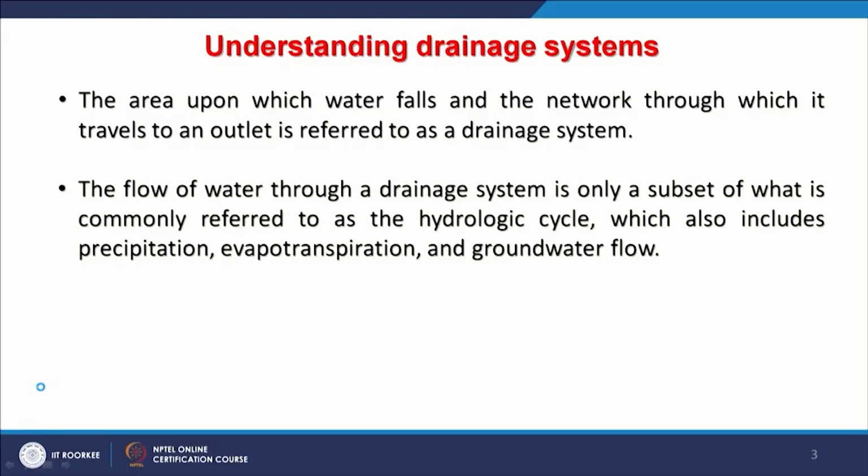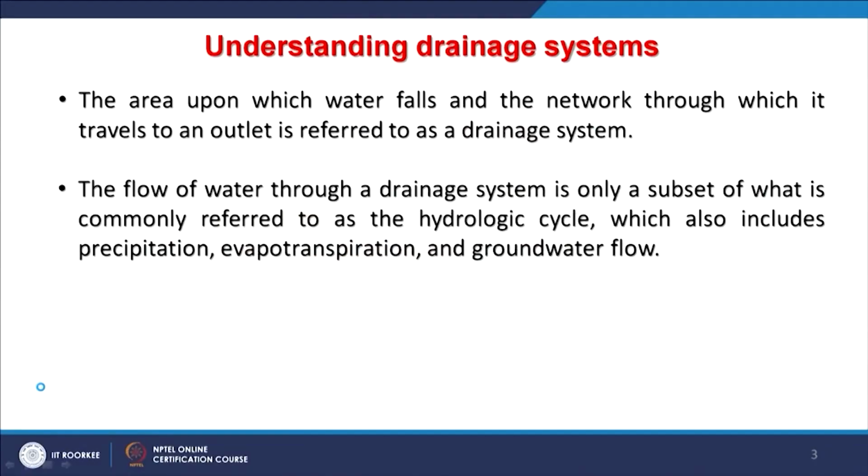So, flow of water through a drainage system is only a subset of what is commonly referred to as the hydrologic cycle, because the hydrologic cycle is big. Even the water which goes through evapotranspiration into the atmosphere, condenses, rain or precipitation occurs, and then again it flows.